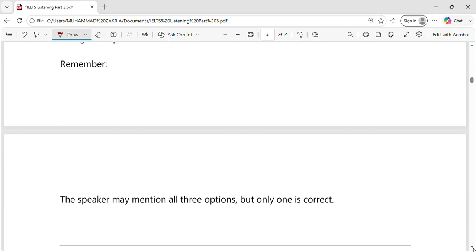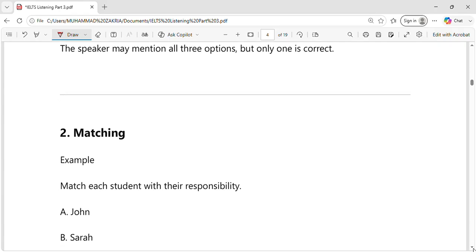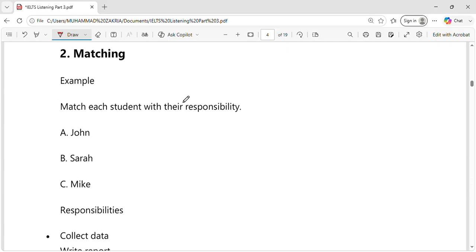The second question type, I told you, is matching question. In matching questions, we match items to the question, but we will discuss that later.